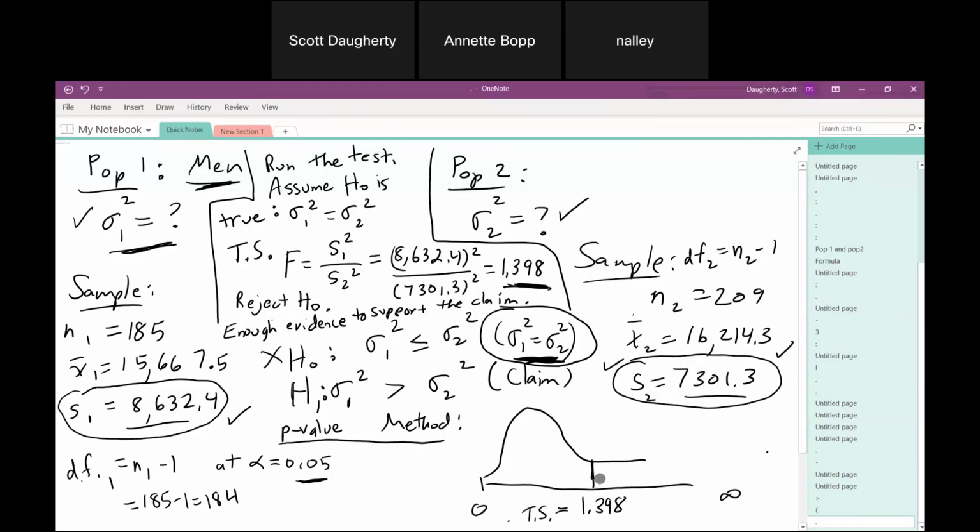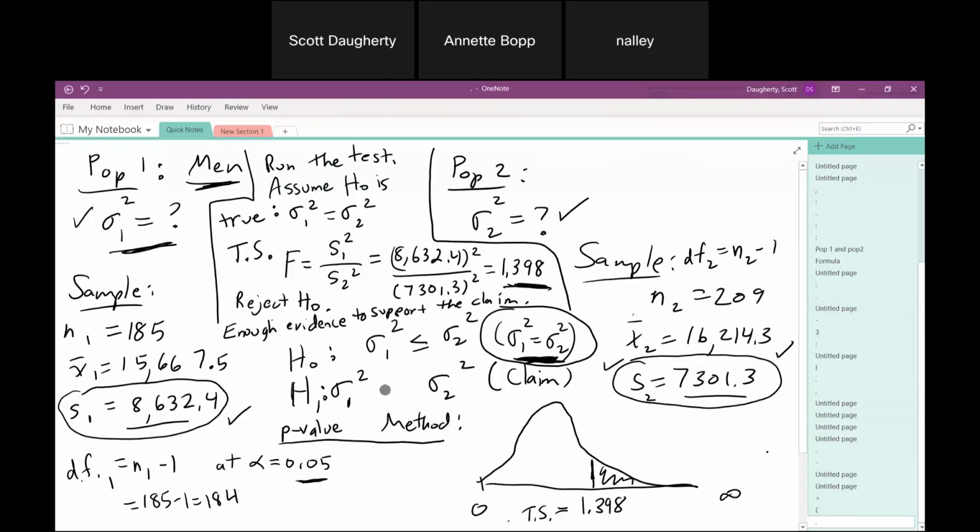And then you're going to find the area either to the left of this test statistic or to the right of it. How do you know whether you go left or right? It's based upon your alternative hypothesis. So this is pointing towards the right, so you're going to find the area to the right of it. If this had been pointing towards the left, you'd find the area to the left of it.